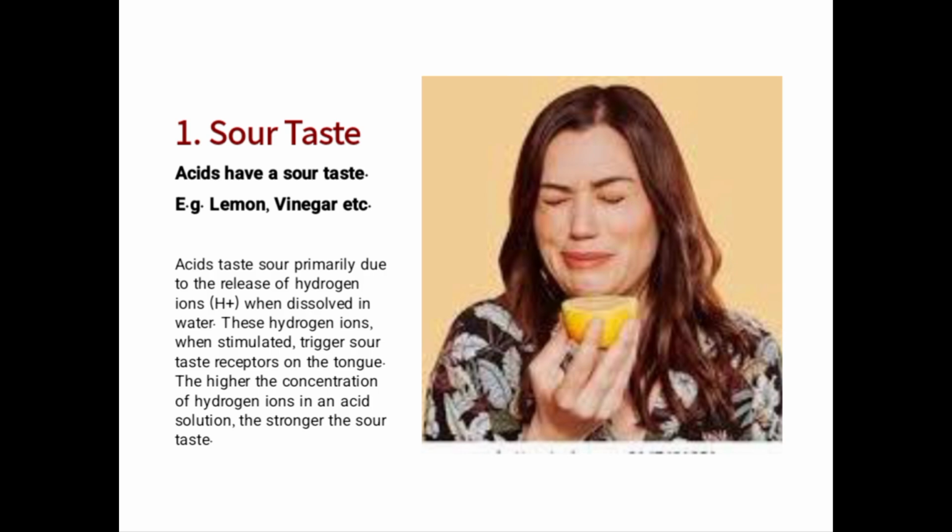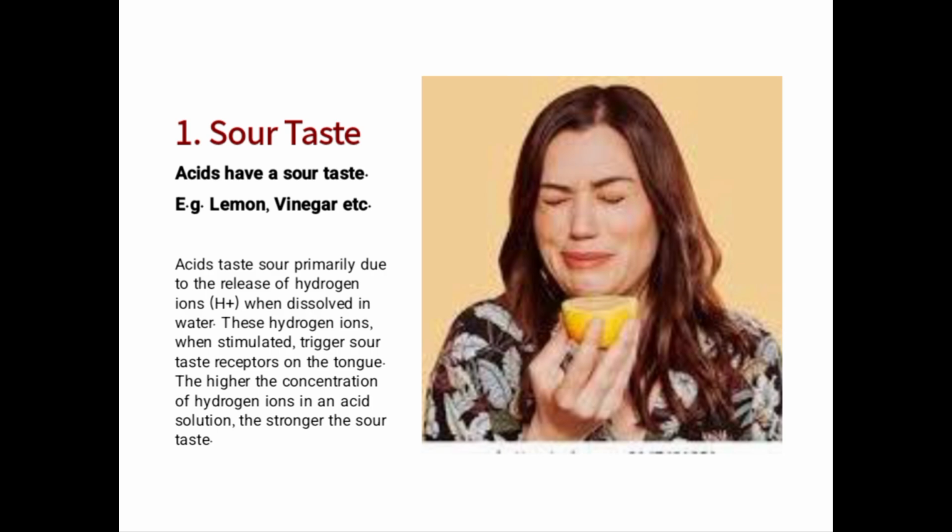oranges, etc. Acid tastes sour primarily, and this is due to the release of hydrogen ions that are dissolved in water. These hydrogen ions, when they are stimulated, trigger the taste receptors on the tongue. So the higher the concentration of the hydrogen ion in an acid solution, the stronger the sour taste.